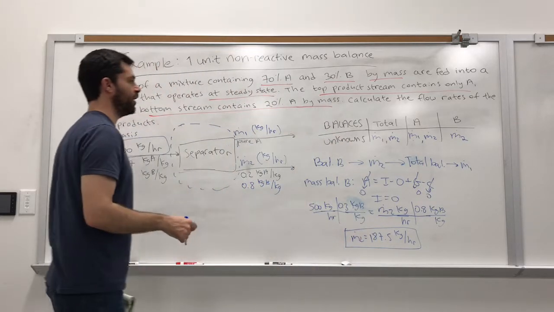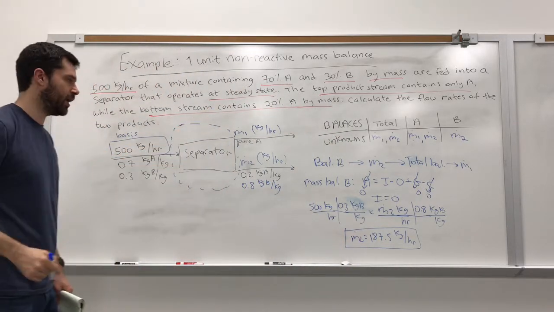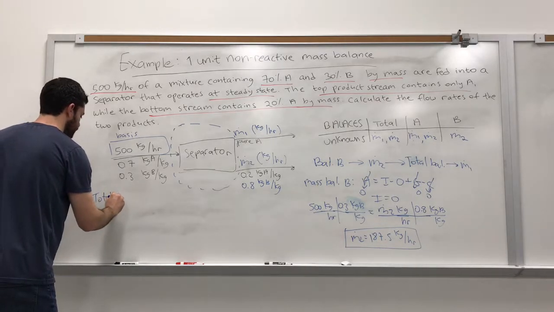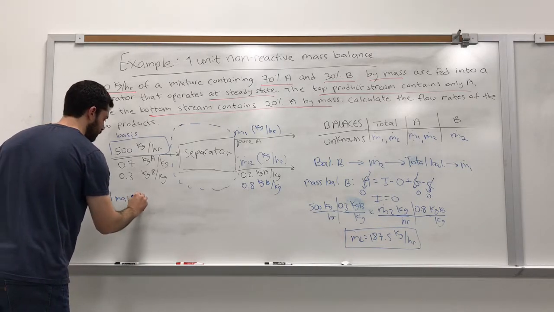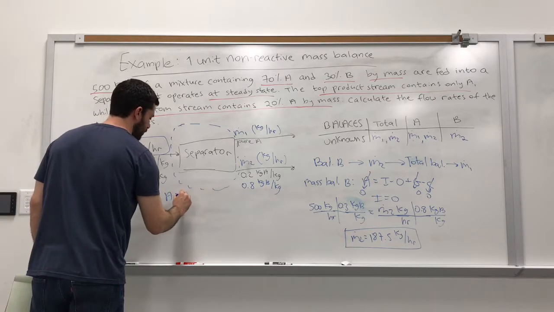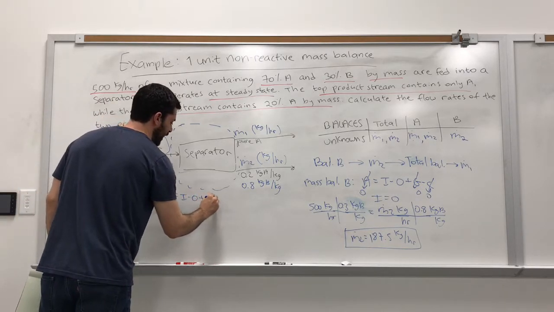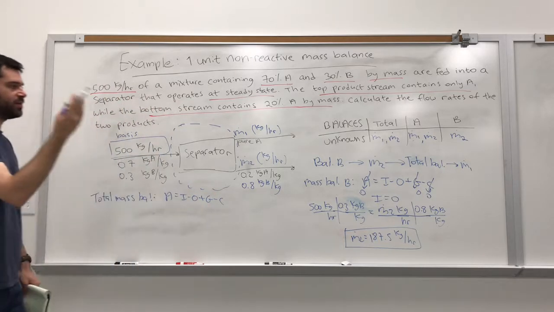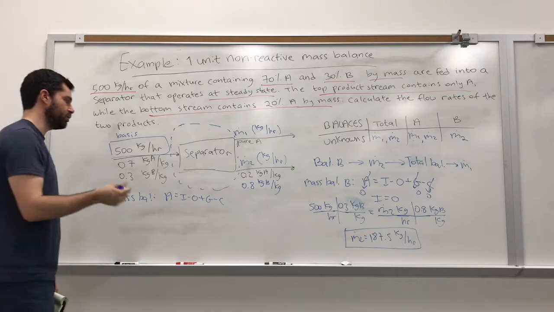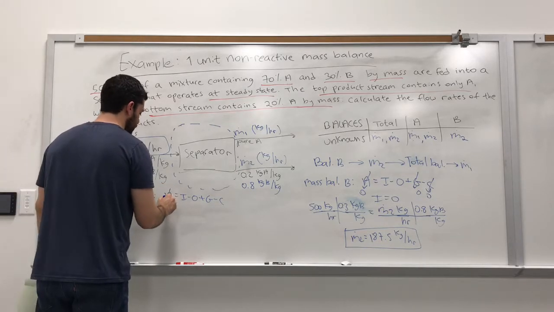All right, so we solve for M2. Now we can choose either one of these balances. I said before I'm going to do the total balance. Okay, again, I'm going to write it out. And this is just a good habit to get into, to write out the balance and take off whatever you don't need, just so you never miss anything.